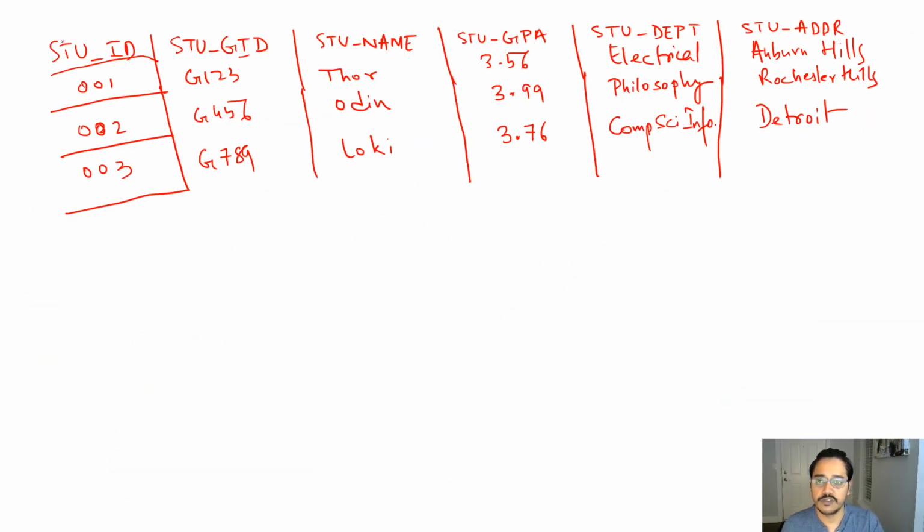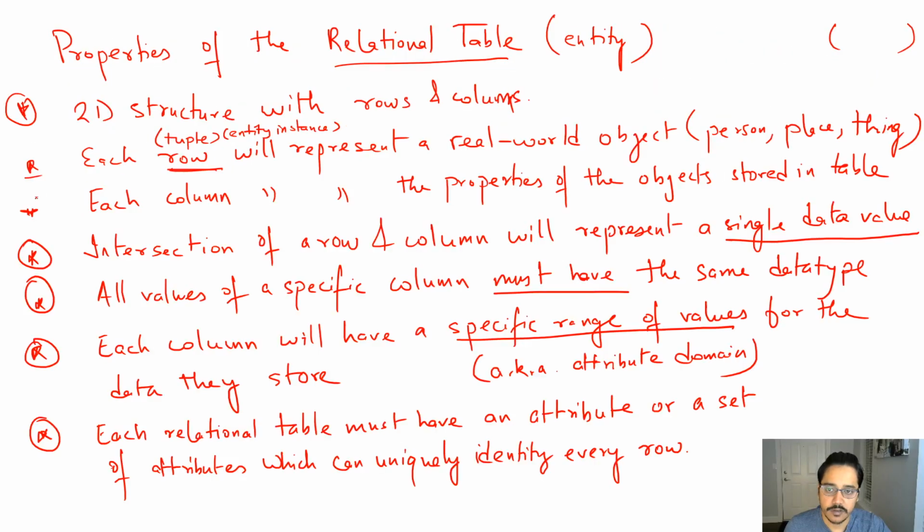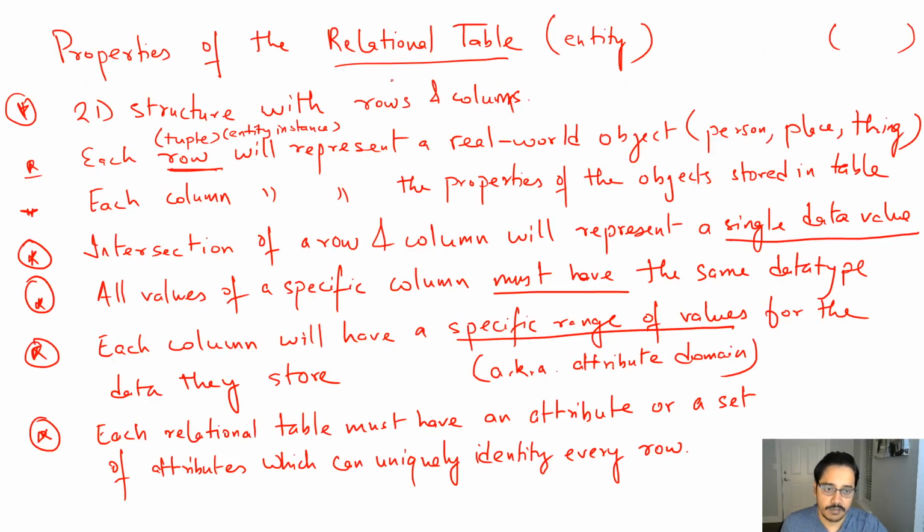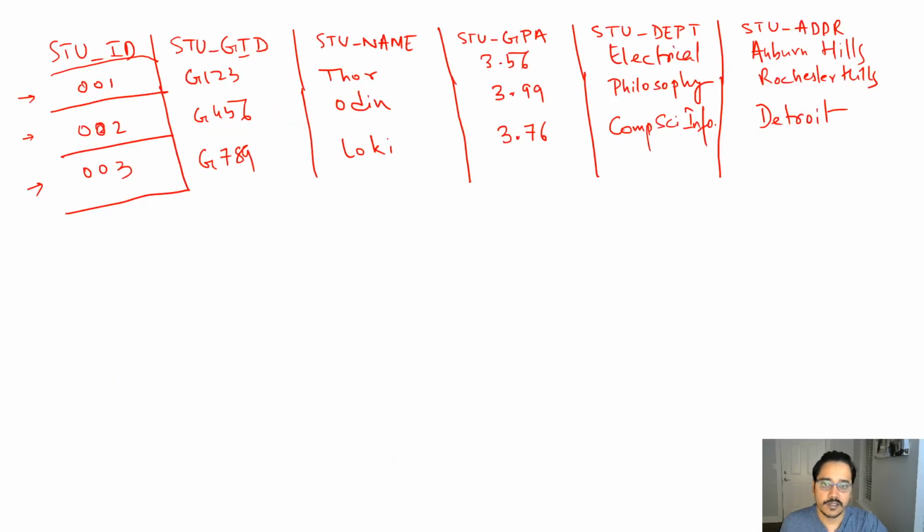So here, each row is representing a specific student's information, okay? And then each column will basically represent the properties of the objects that are stored. So for each student, the columns of student ID, student Grizzly ID describe a specific property associated to the object that we are trying to store in this particular table, right? And then the intersection of a row and a column will represent a single data value.